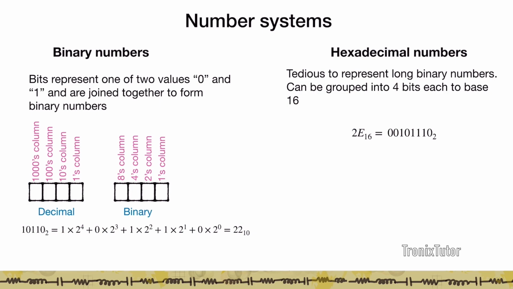In the hexadecimal system, after 9, we use the letters A, B, C, D, E and F to denote numbers from 10 to 15. Similarly, if I had a binary number of this format, I would break it into groups of 4. I would group this as 1, and then here I would place a 0 which has no value, and when I group this, I would get 7A to the base 16. So hexadecimal gives you a much more compact method of writing out binary numbers.